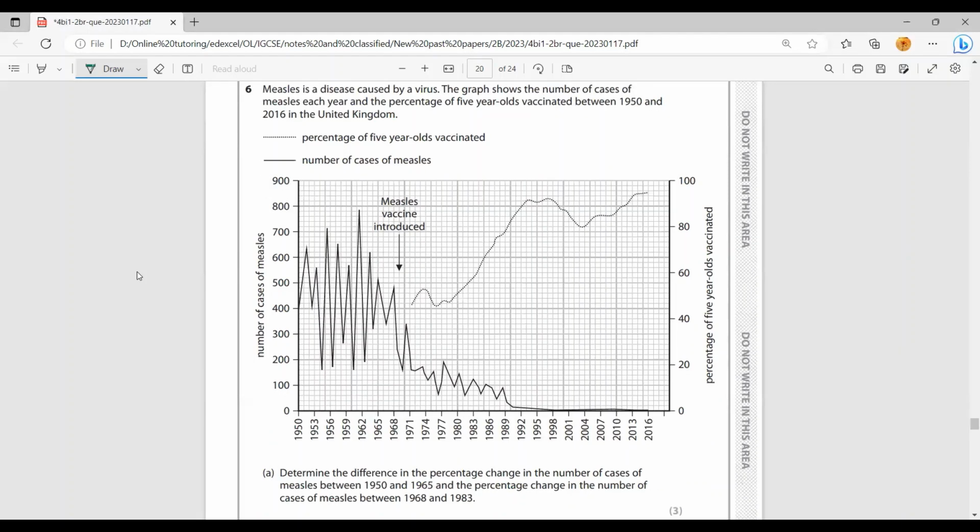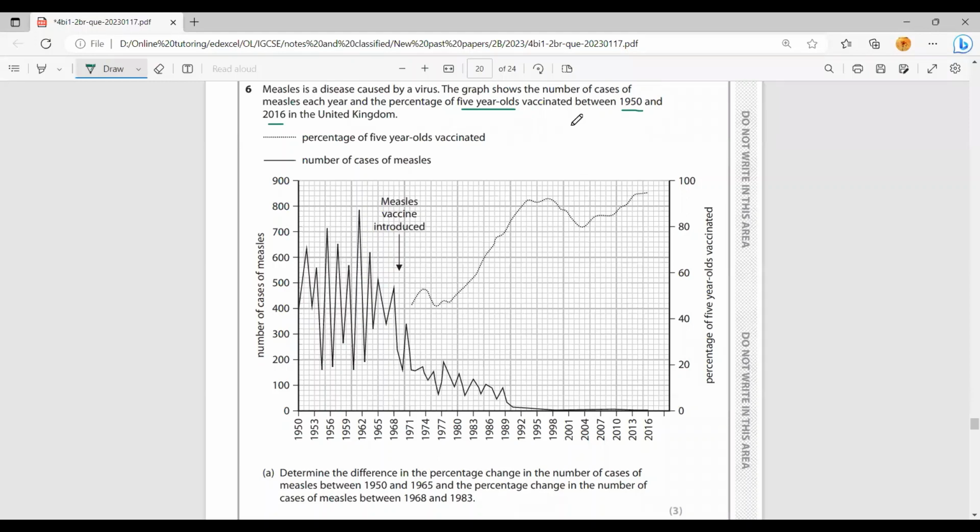Disease caused by a virus. The graph shows the number of cases of measles each year and the percentage of 5-year-olds vaccinated between 1950 and 2016 in the UK. Here we have the graph in front of us. We have the number of years from 1950 until 2015 in which this survey or vaccination took place for 5-year-olds. Why? Because this is a disease of childhood, meaning children are affected by this disease.